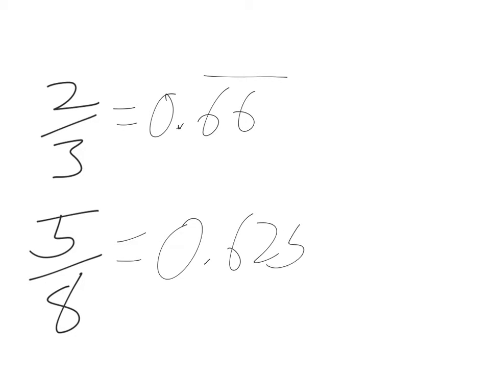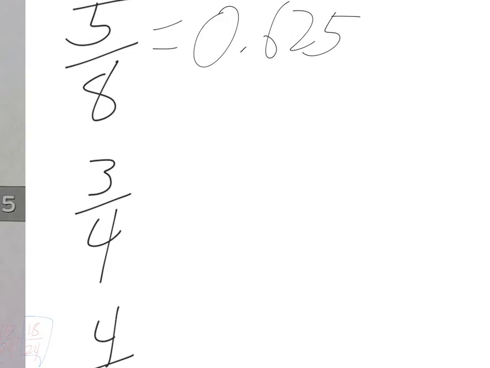2 divided by 3 equals 0.66, and that repeats forever. Then in a calculator, 5 divided by 8 equals 0.625. So the 2/3 is slightly greater. We know the answer should be 3/4. 3/4 would be 3 divided by 4, which gives 0.75, because 3/4 is like 75 cents.